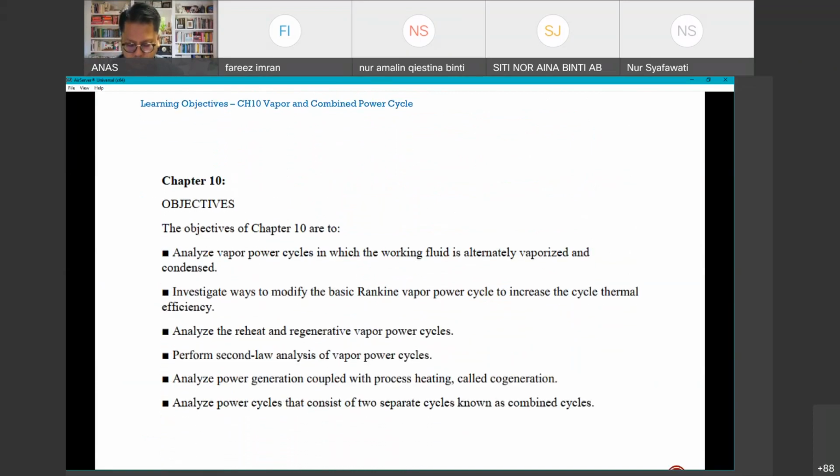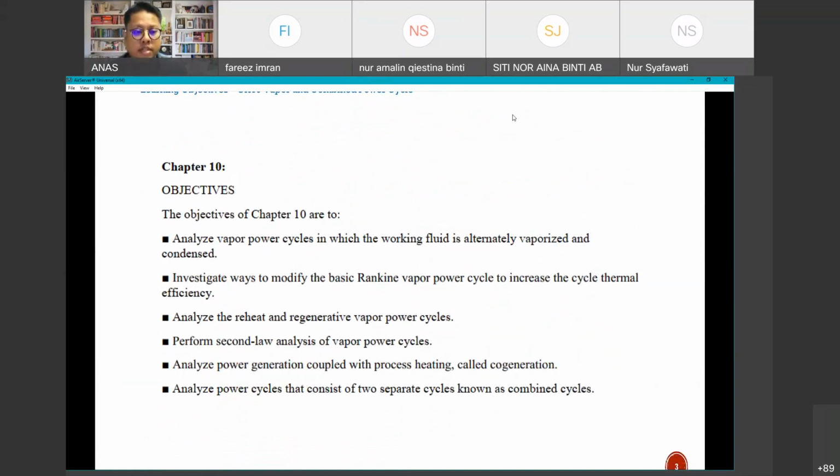For today, we will start with a new chapter in your textbook. It should be chapter 10, which is the vapor and combined power cycles. The objectives for this topic are listed as follows. We'll analyze the vapor power cycles in which the working fluid is alternately vaporized and condensed.